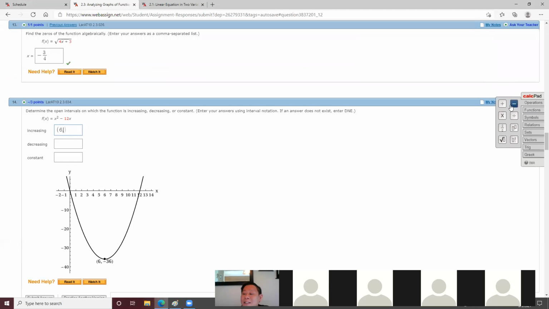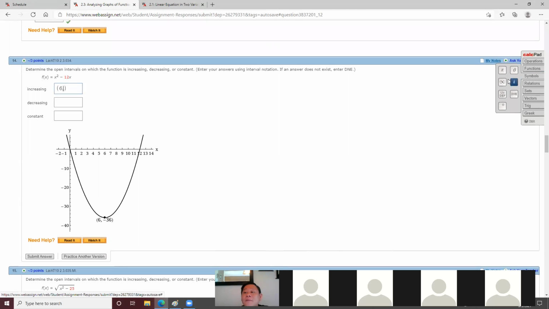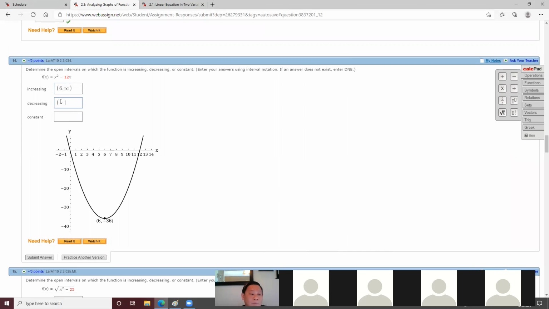Can you tell me what is the decreasing part? This is decreasing, right? Negative what? Don't forget this graph keeps on going. So it's negative infinity to what?